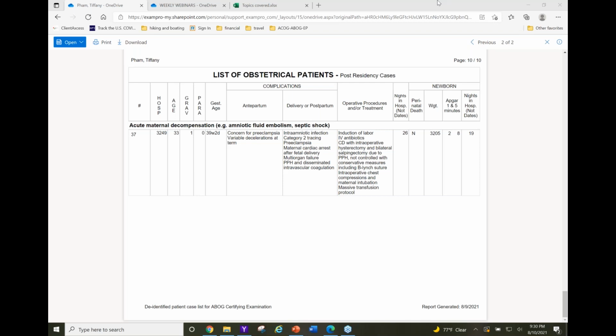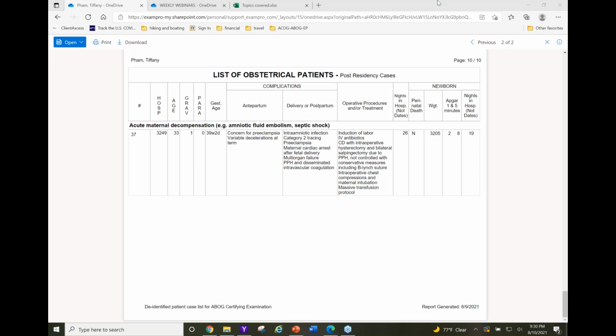I think it's kind of obvious from the name, but we're thinking that there's an interface between the amniotic fluid and the maternal system, and that causes an anaphylactic or inflammatory response that leads to that cascade.